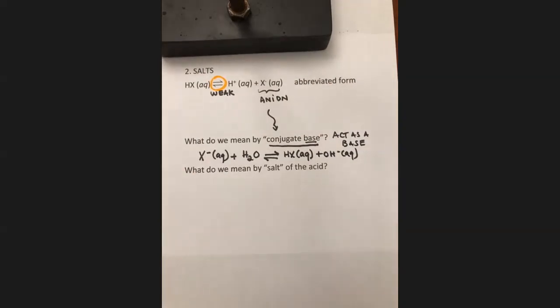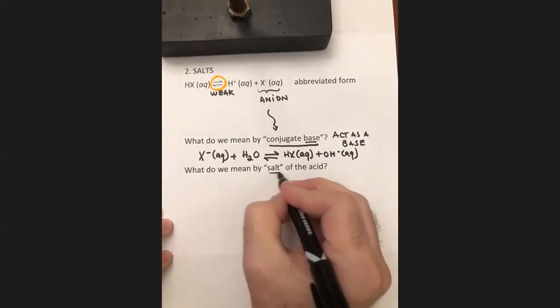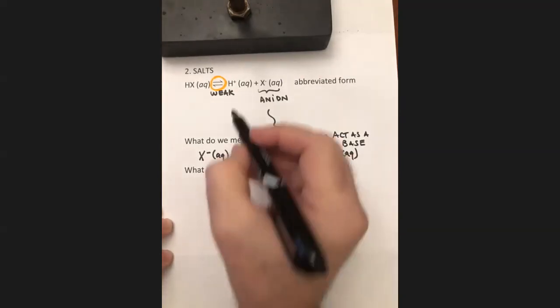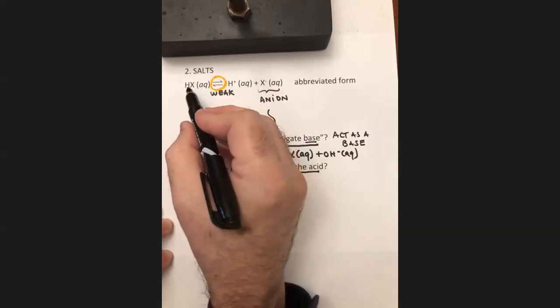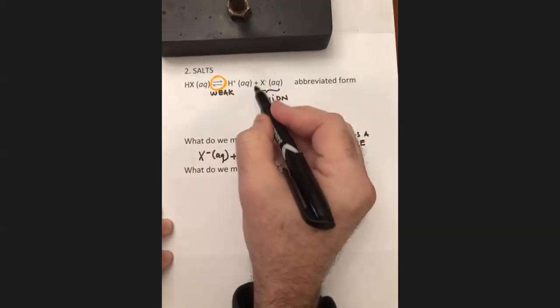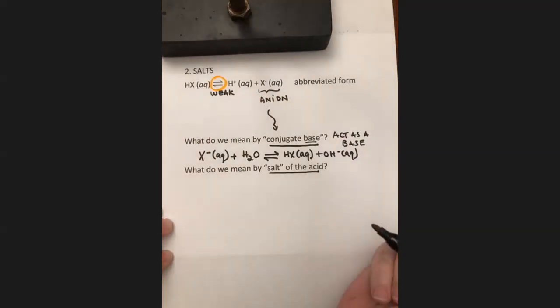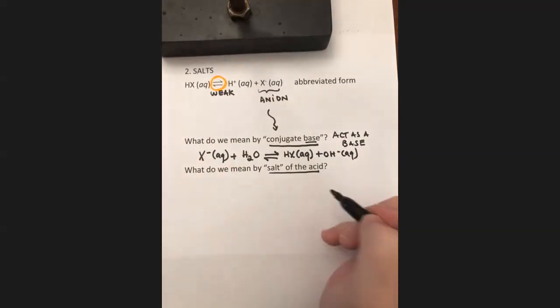Now, what does it mean when we say the salt of the acid? Remember, we said this is the conjugate base. In other words, it's the product of the acid ionizing, the anion part that's left when you lose a hydrogen. But what do we mean by a salt?